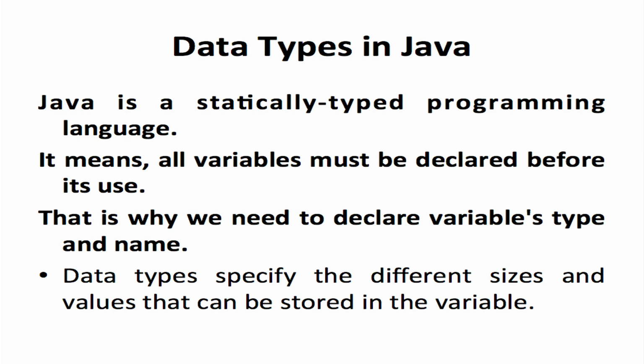And in the last line, you can see data types, especially the different sizes and values that can be stored in the variable. If data is float type, then it will be stored in a float variable. If it is integer type, then it will be stored in an integer variable. So these are the different usages and benefits of data types, and of primitive and non-primitive data types. I have already explained these two categories of data type.